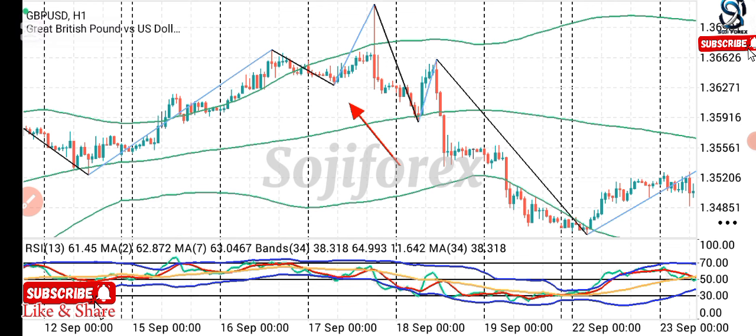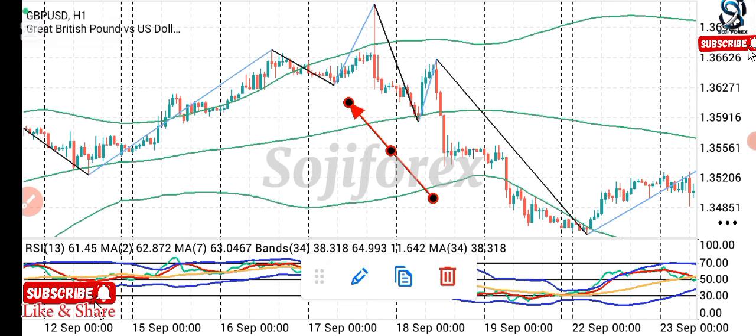First of all, from your 1 hour time frame upward, you want to see price touching the upper Bollinger Band. For instance, you are expecting a sell trade. So the first criterion: price is touching, piercing the upper Bollinger Band.